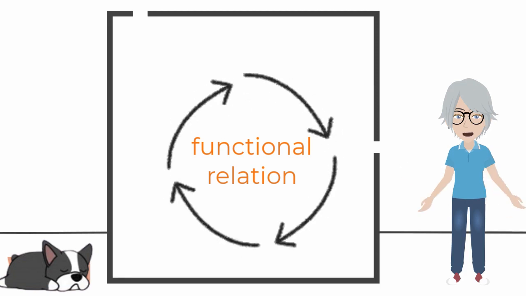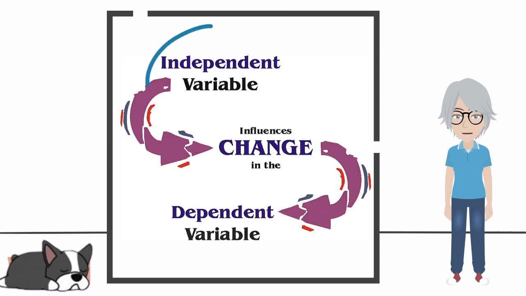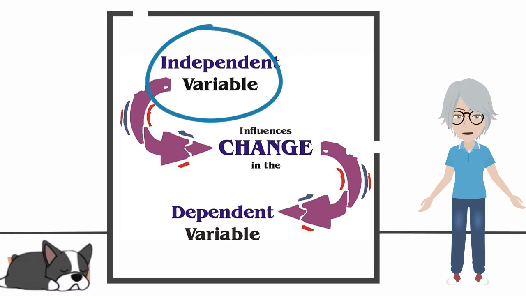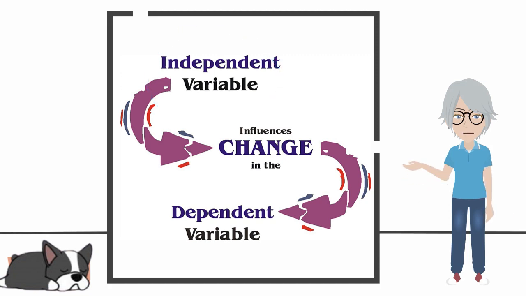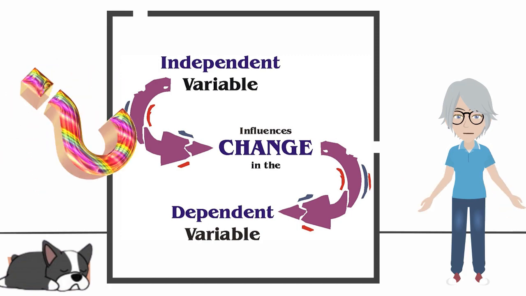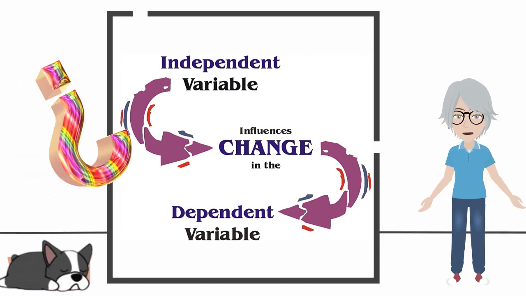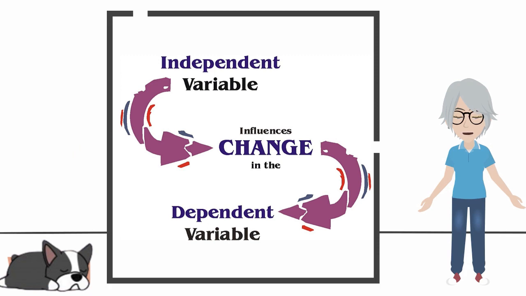So we can only say for certain that my intervention is making the change in behavior if it's replicated each time. Now, there are rules for doing this, and one of the reasons that we do it is so that we can rule out the presence of any confounding variables, like something else that's interfering with the reason that our behavior intervention is or isn't working. And functional relation is the focus of our single subject design research.